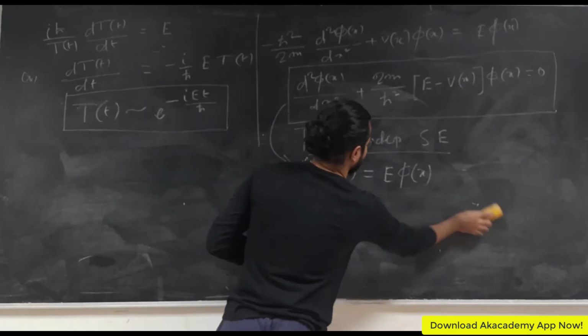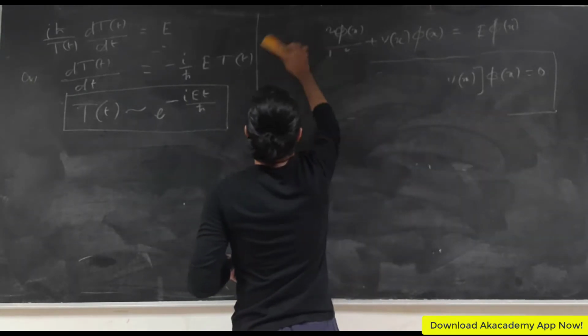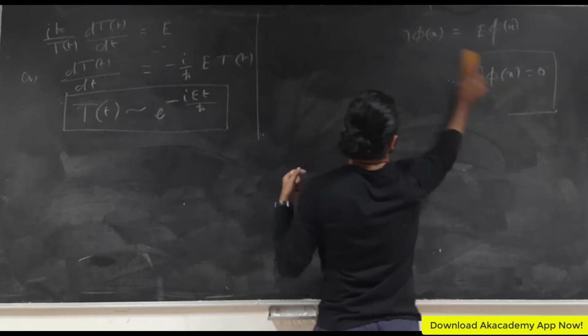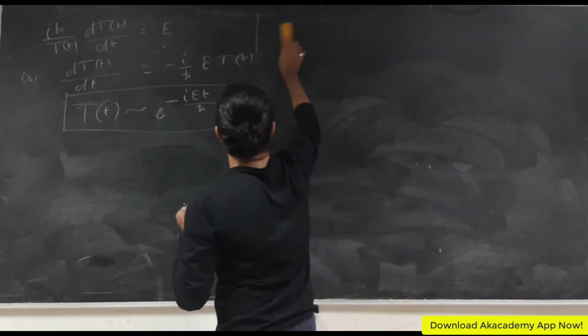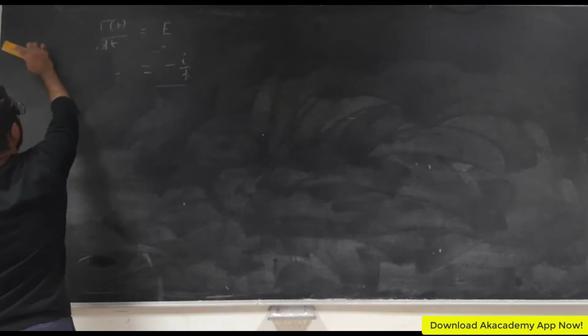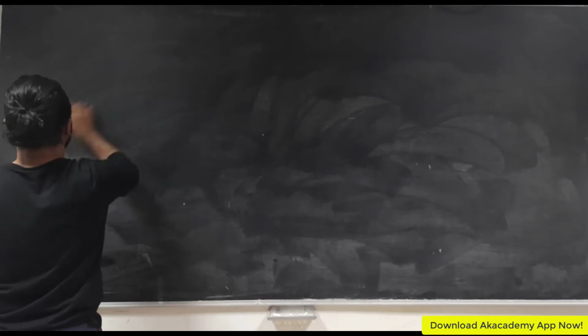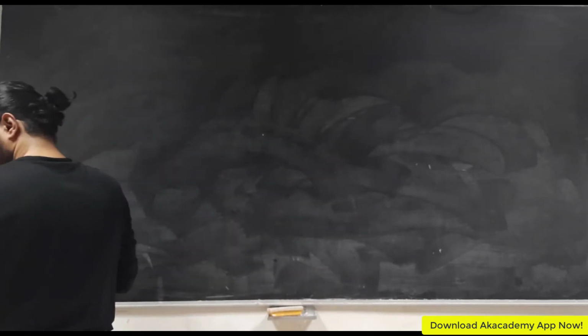So the next part is, this is a differential equation and psi is a solution of it. So we must have some boundary condition on psi, right? So let's try to find out a boundary condition on psi.